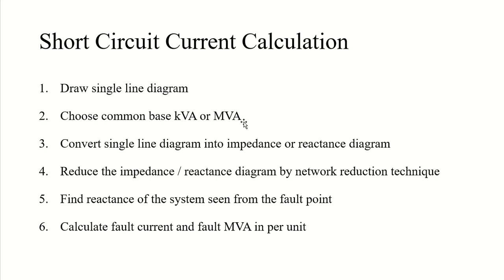Remember, I told you earlier as well that we will be ignoring almost everything except for reactances. Then also the EMF of all the generators will be assumed to be equal, and particularly we will be using 1 angle 0 in polar form. And what does that 1 angle 0 mean? It means the system voltage is at its nominal value, and all of them are in the same phase, all starting from zero angle, right?